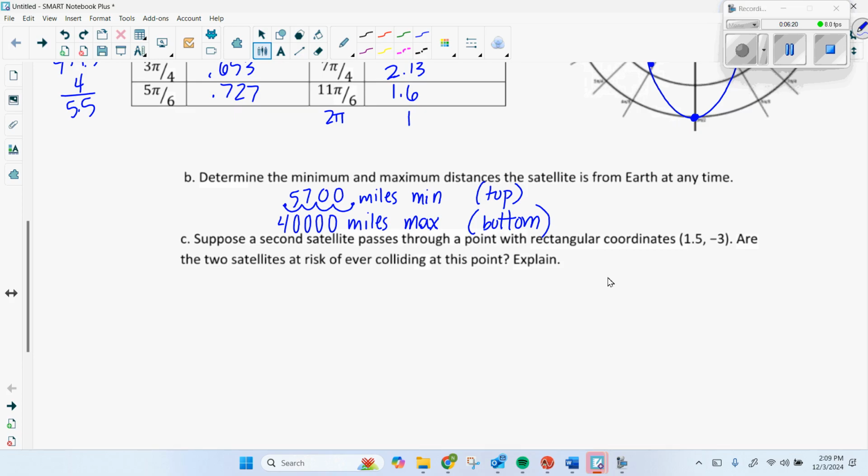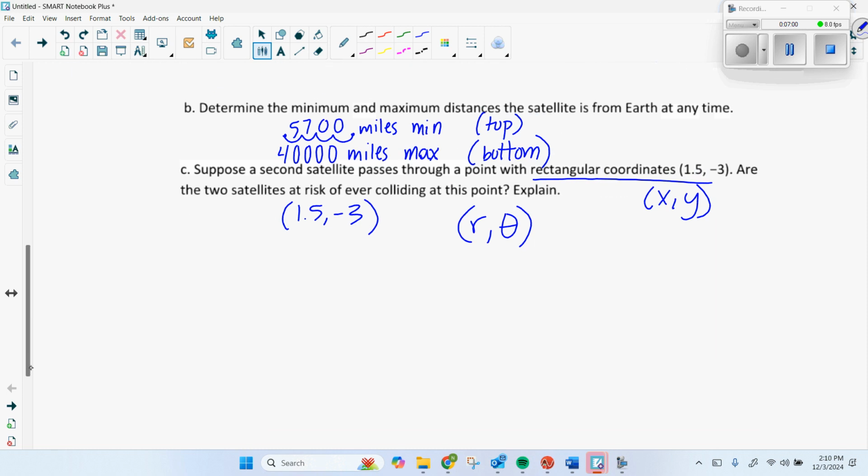All right, suppose a second satellite passes through a point with rectangular coordinates 1.5, -3. Are the 2 satellites at risk of ever colliding at this point? Explain. So I need to do some converting here. If it's rectangular coordinates, this is x, y. And so I need to figure out where this is in terms of r, theta.